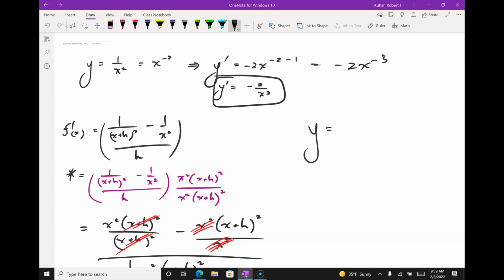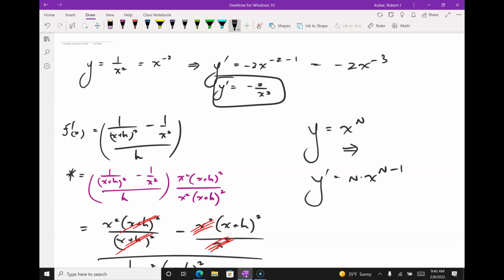Again, what's our shortcut? y equals x to the n gives me y prime equals n times x to the n minus 1, except when n is what number? 1.